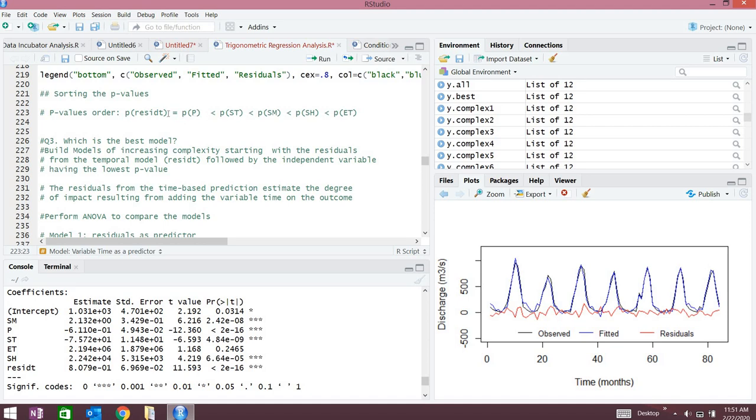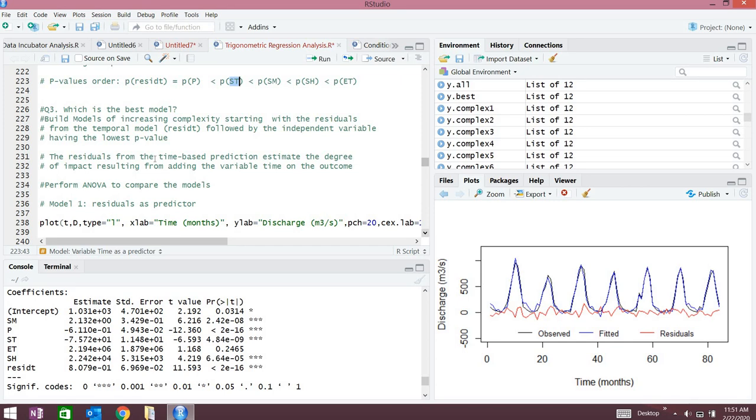Second model will add precipitation to residual, and the third model is going to be residual plus precipitation plus soil temperature, and so on. So why do we add residuals? Residuals from the time-based prediction estimate the degree of impact from adding the variable time on the outcome.